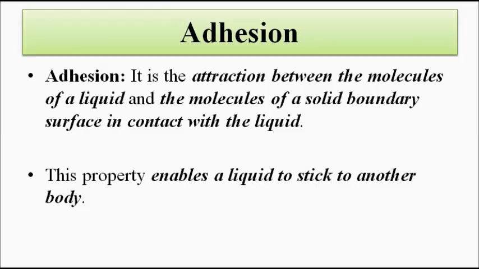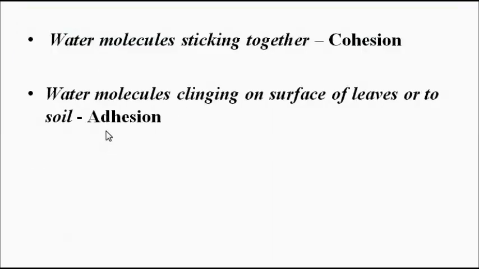As an example of cohesion and adhesion, the water molecules, as I said, sticking together as one unit, that is because of the force of cohesion. Another example of adhesion is the dewdrops, the water molecules clinging on to the surface of the leaves in the early morning. That is because of the force of adhesion.